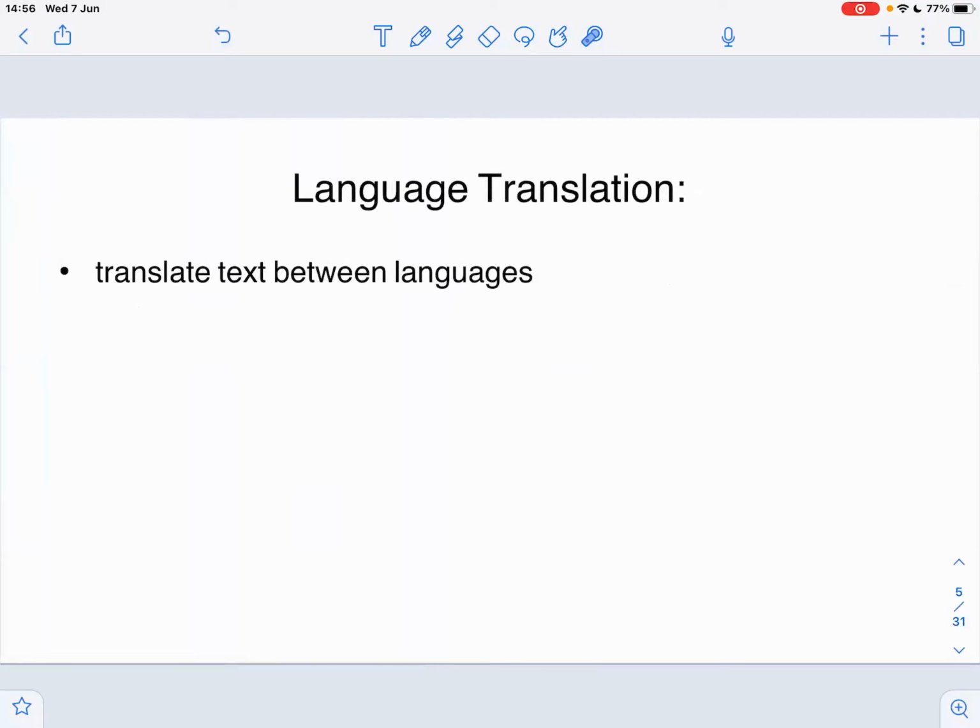We can use it for language translation. Now, of course, Google Translate can do that as well. But with Google Translate, it doesn't give you the sentiment of what the speaker or the writer said in the first place. I tried that out. I saw a comment of a friend that was in the Malaysian language.